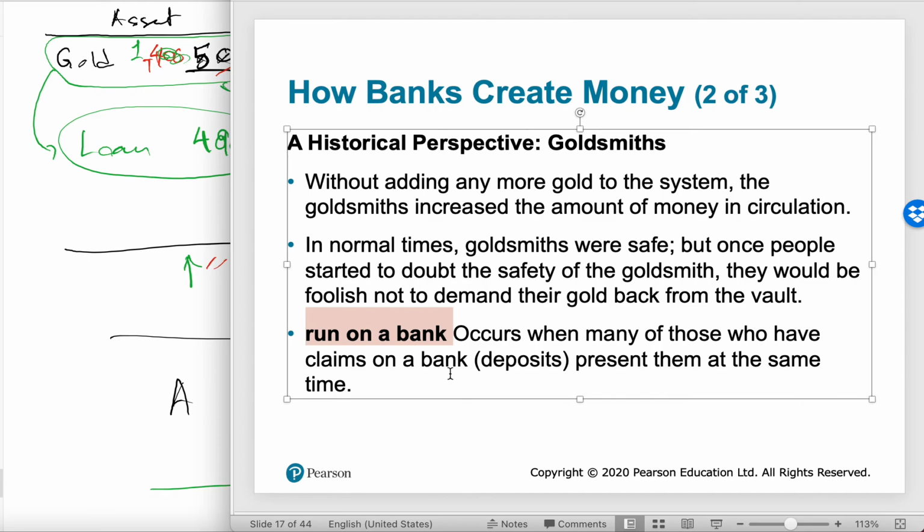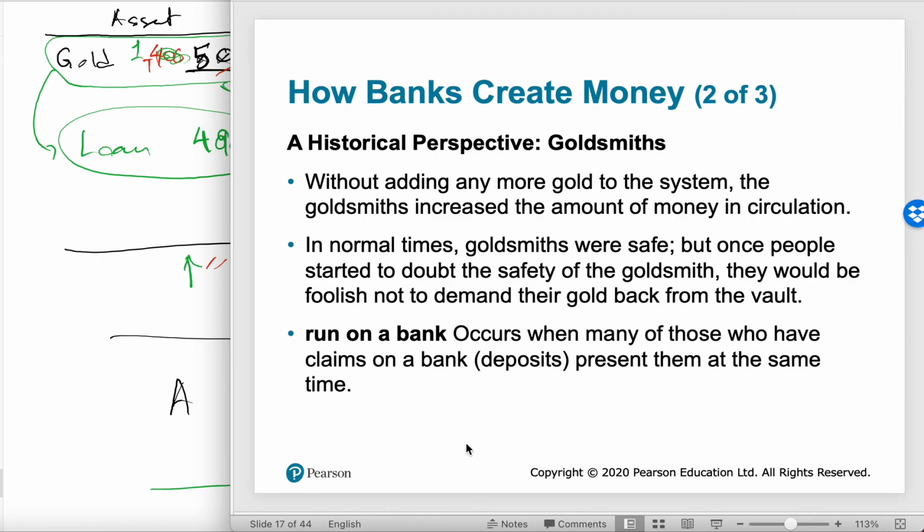A run on a bank can happen anytime; in the 2008 financial crisis, this actually took place, with everyone queuing to take their money out of the bank, because the banks had created a lot of debt. So it was first come, first served. The incidents in Cyprus and Iceland are examples of this.